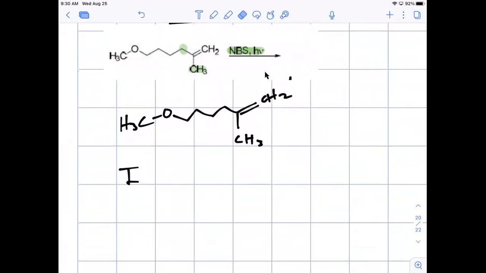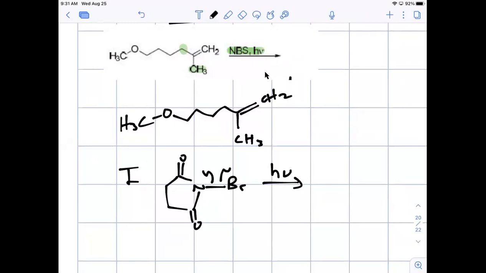So initiation is going to be taking that NBS, right? And then treating it with light. So I want to break this nitrogen-bromine bond.